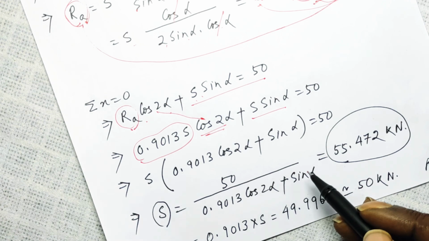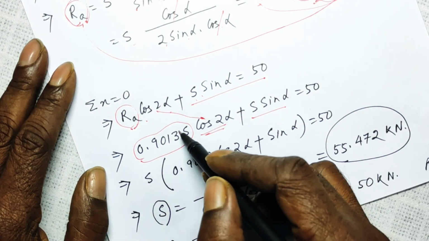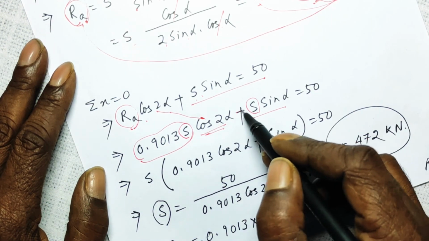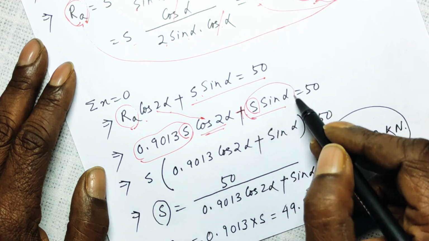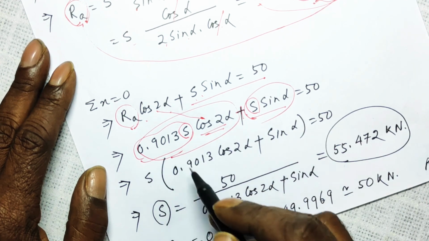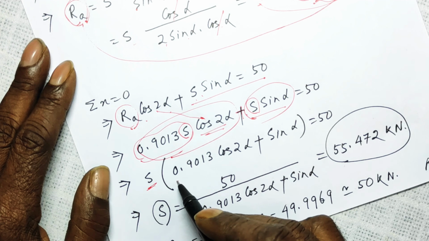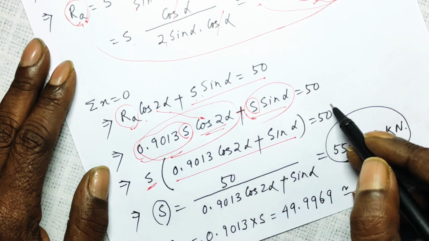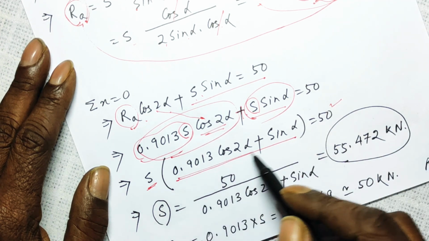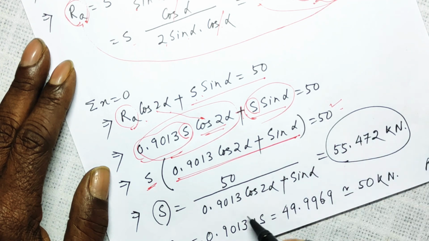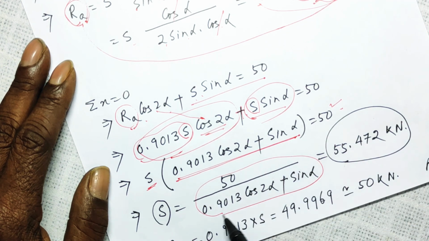By doing so, what do we get? S is multiplied here, S is multiplied here. There are two different terms, this is one term, this is another term. So S is taken common. Within the bracket we are left with this much, that is equal to 50 kilonewton. So this is multiplied, goes to the right hand side, will be divided. So S is equal to this much.